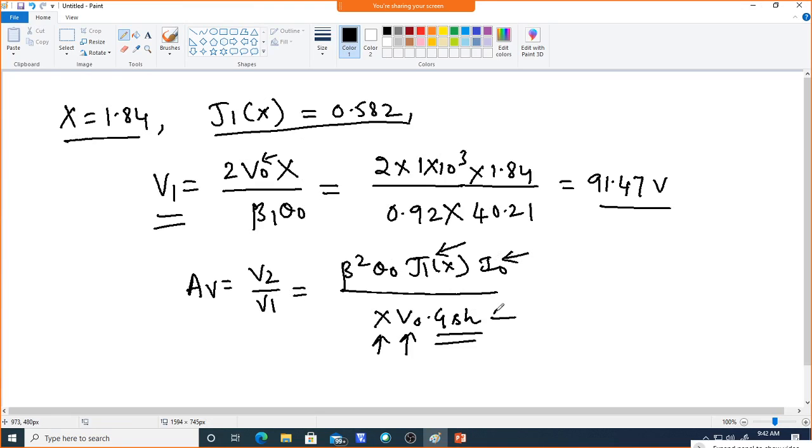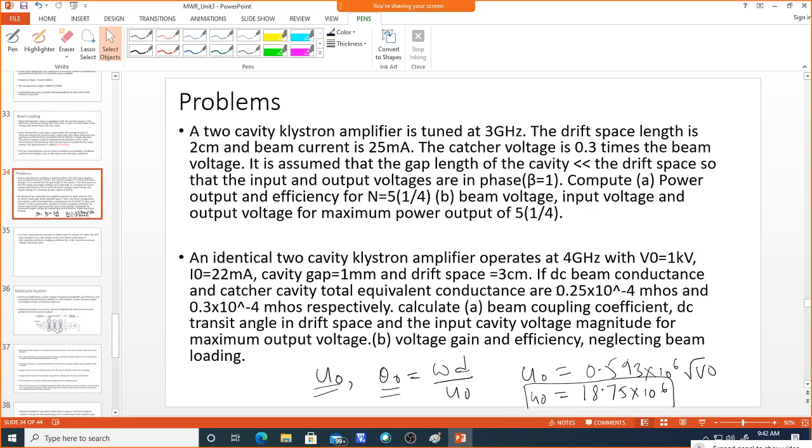It will be obtained using these two conductances, that is the catcher cavity total equivalent conductance and the DC beam conductance G naught.